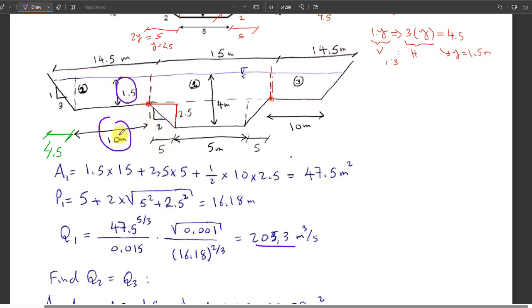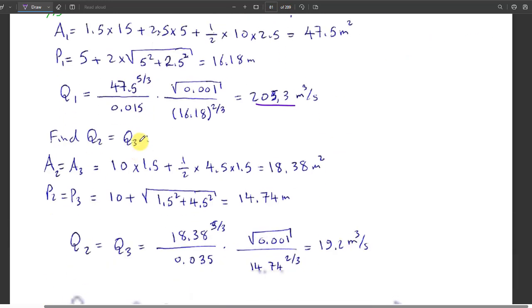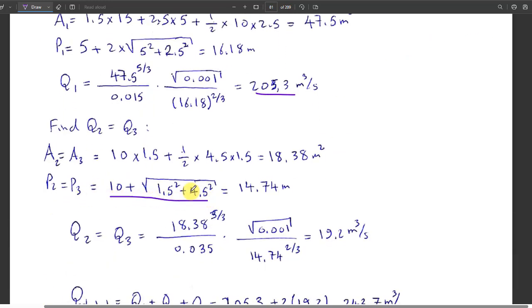So 1.5 times 10 plus half times 4.5 times 1.5 again for the height of the triangle. Okay, like that. So the perimeter will be only the square root of 1.5 squared plus 4.5 squared, plus 10. That is the area. Okay, we got both answers.